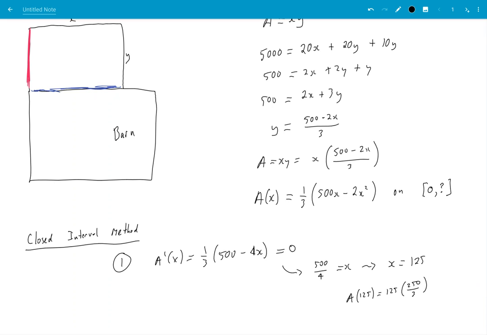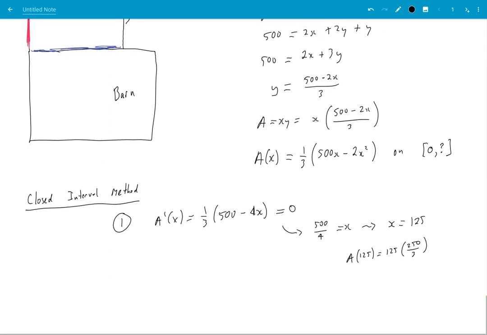Let's just leave that alone for now. Let me double check my answer here before I go any further. Yeah. So this is some number. You can use your calculator to sort that out.